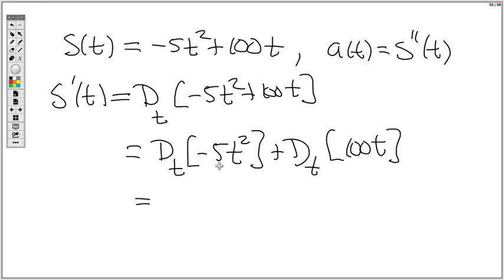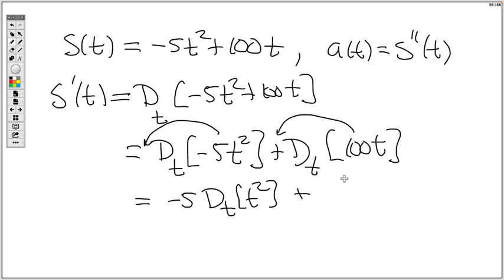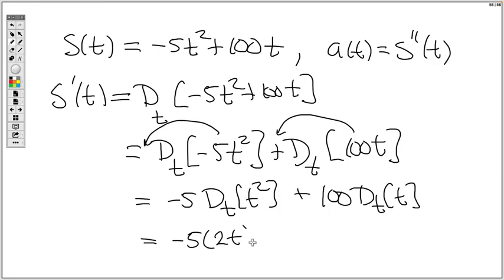What can I do with that negative 5? Bring it out front. What can I do with the 100? Bring it out front. What's the derivative of t squared? 2t.